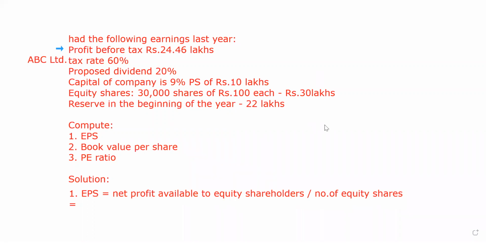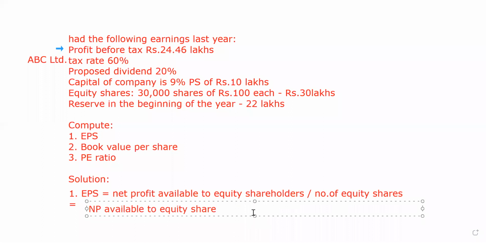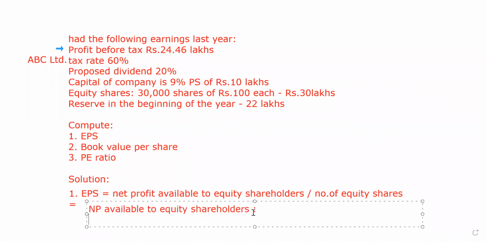So I told you the net profit which is available to equity shareholders will be the profit after interest, tax and dividend. Okay. So I hope you remember that. As per our requirement, we have to calculate this net profit available to equity shareholders. So net profit available to equity shareholders is equal to, this is what we have to calculate.